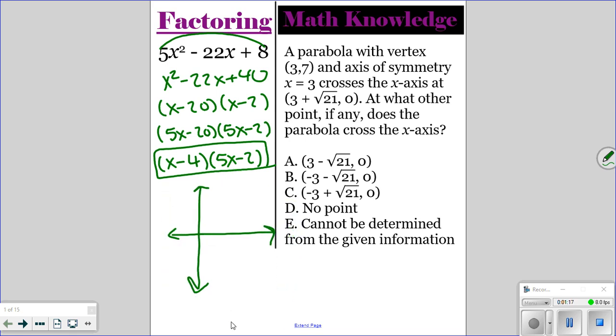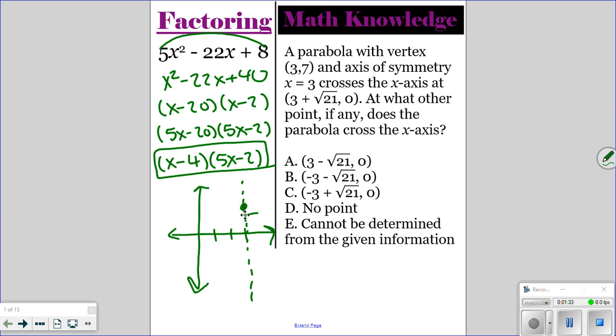So we have 3, 7. There's your vertex. And it says it crosses it at 3 plus the square root of 21.